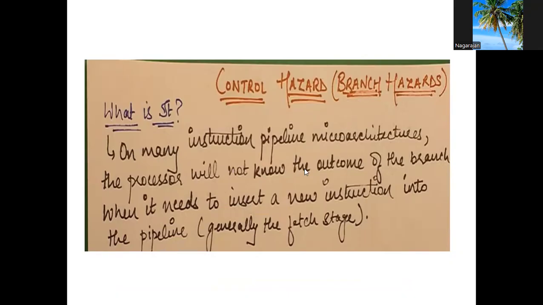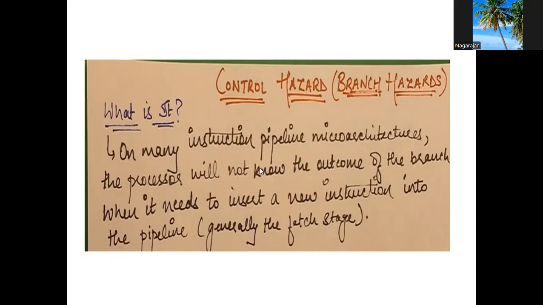On many instruction pipeline microarchitectures, the processor will not know the outcome of the branch when it needs to insert a new instruction into the pipeline. That is generally the first stage. So this is the meaning. That means on many instruction pipelines, the process doesn't know the outcome of the branch.